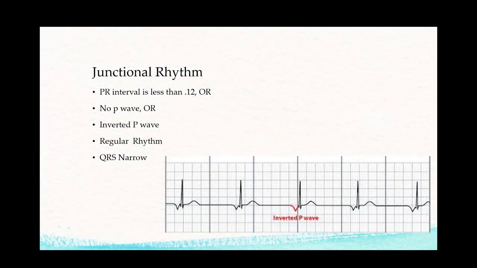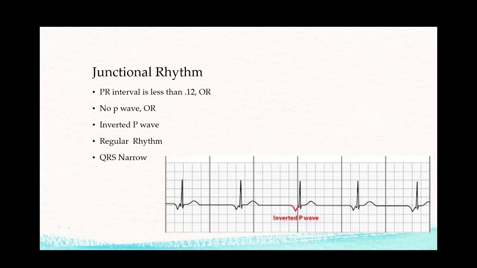So a junctional rhythm, we have three criteria, one of which has to be met for it to be called a junctional rhythm. The first one is a very, very short PR interval. The PR interval is less than 0.12. Or I have an absent P wave, no P wave. So it's just flat before the QRS.